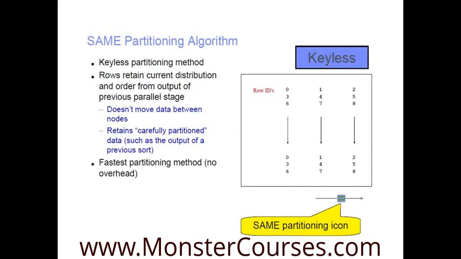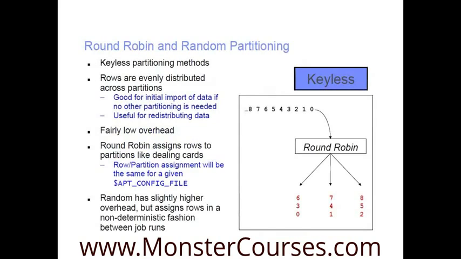Same just retains the current distribution. With entire, all the records are scattered across all 3 nodes, so N1, N2 and N3 each contain 10,000 records. If you use same partitioning, instead of partitioning again using the entire mechanism, the same data will come into the same nodes.